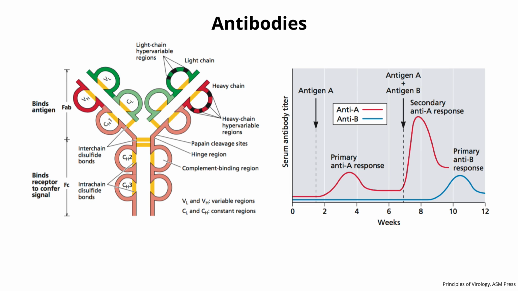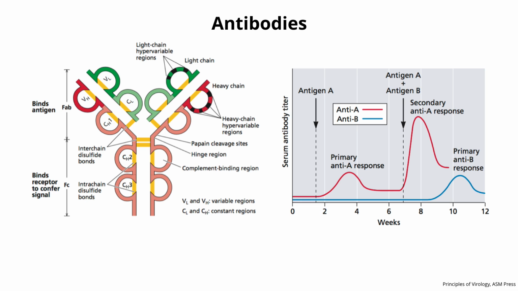Now in this experiment, at 7 weeks, we then inject a mixture of antigen A, the same antigen we used before, and a new antigen which is completely unrelated, a different protein. We mix them both together, we inject them into the animal, and look at this, we get a secondary anti-A response, very rapid. We don't have a 2 to 3 week delay anymore, and it's more robust, higher titer antibodies. You can see that the peak of the red line is higher.